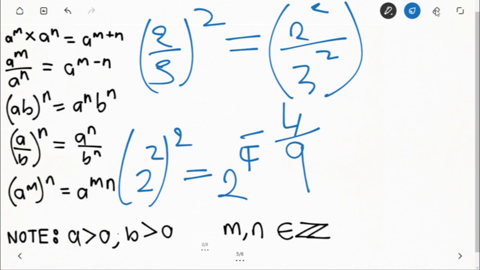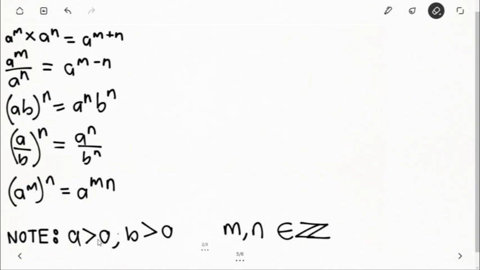Now, another thing that you need to take note of is that a and b, which are the bases of the exponents, have to be greater than 0. They shouldn't be 0, because if they become 0, then that thing will be undefined. Okay, so a and b have to be greater than 0.